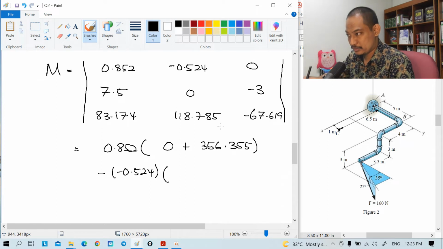That would be, this is negative, so that would be negative 507.143.